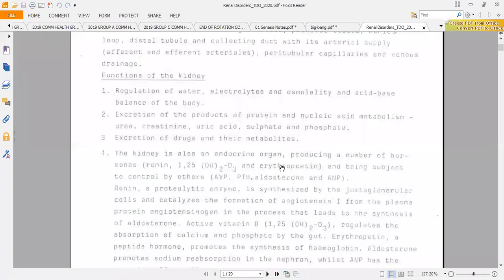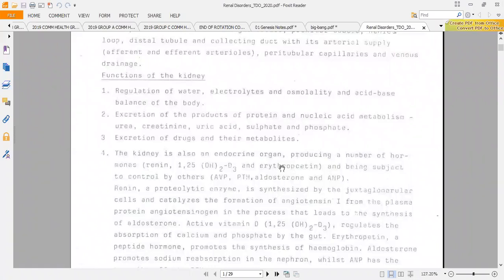Okay, good. So the first function of the kidney is for water, electrolytes, osmolality, acid-base regulation. If you remember from the previous lectures, the tutorial I gave you, I took you through how the kidneys are able to regulate water, electrolytes, and even the osmolality and acid-base.